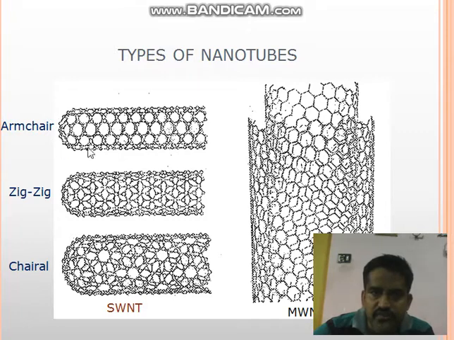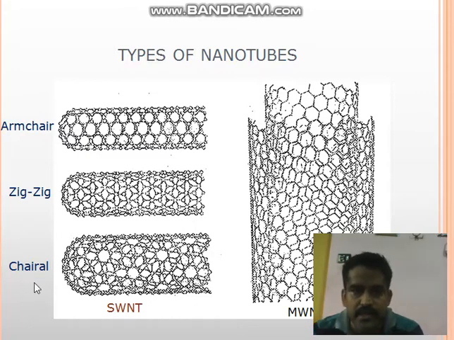The first figure indicates armchair, and these tubes are known as zigzag tubes, this is known as a chiral tube, and this is a multi-walled tube. Now, in the next slide, I show how these tubes are formed by using a single paper.